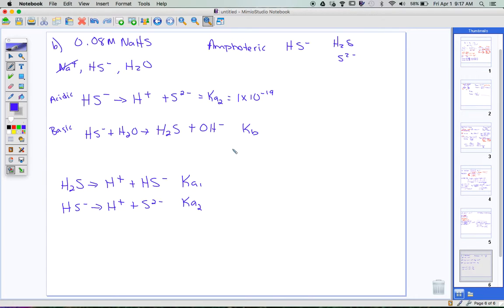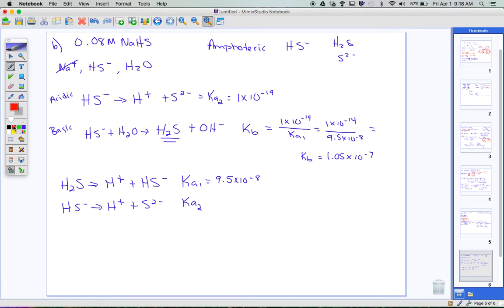Well, the Kb came from that H2S, so this has to be the Ka1 of H2S, which when you go look up that number right there, that's 9.5 times 10 to the negative 8th. So 1 times 10 to the minus 14th over 9.5 times 10 to the minus 8th will give us a Kb of 1.05 times 10 to the minus 7th.